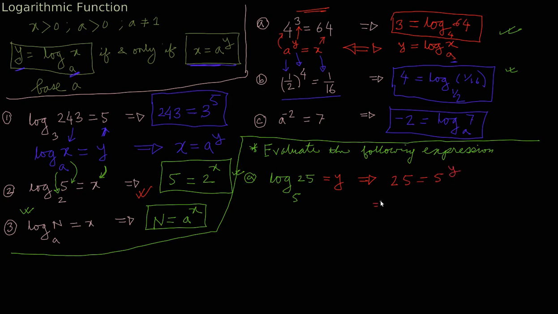So what is 25? I can write 25 as 5 square equals 5 power y. So from this I can write y equal to 2. So this expression is equal to 2, and that's the solution.